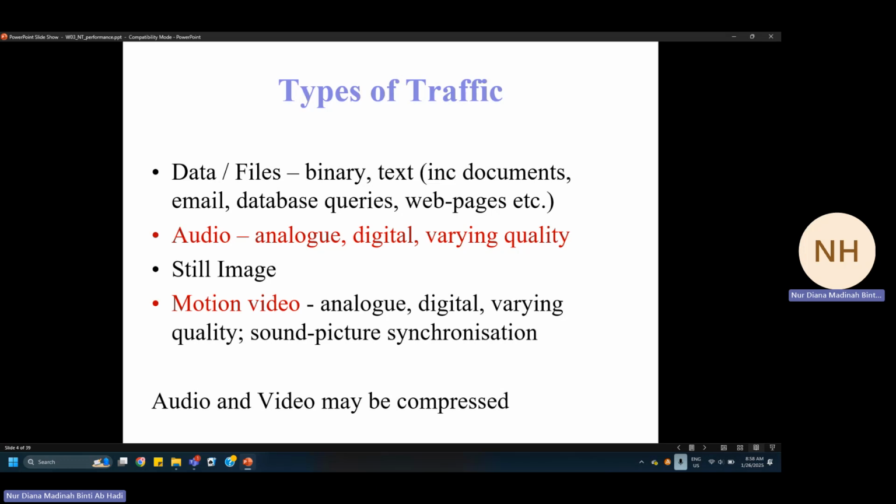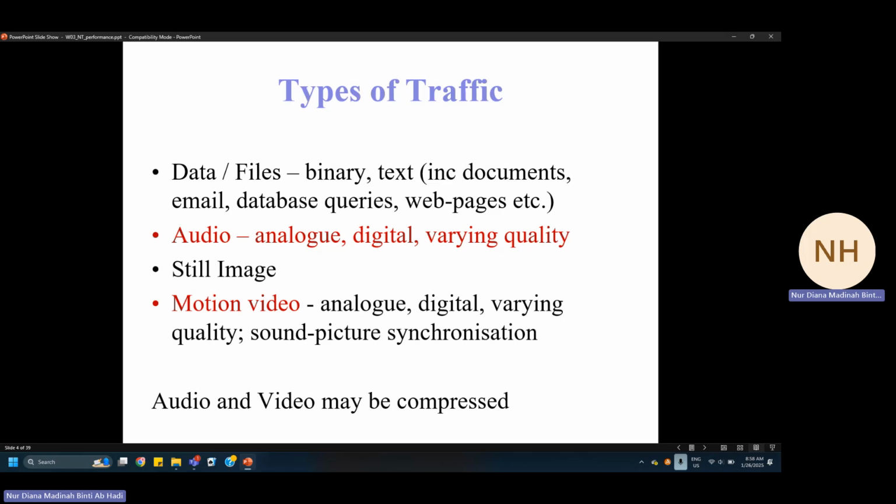For example, data or files can be written in binary or in text, which may include your documents, your emails, your DB queries, and web pages. For audio, it can be analog or digital, with various qualities.